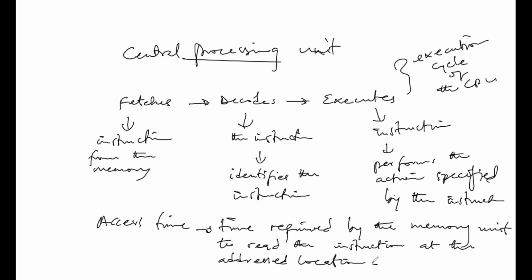The control circuitry is needed to provide timing controls as well as to instruct the internal hardware components to perform a specific operation. While the ALU, the arithmetic logic unit, is responsible for performing arithmetic operations, logic operations, and the likes. And also we have the memory.